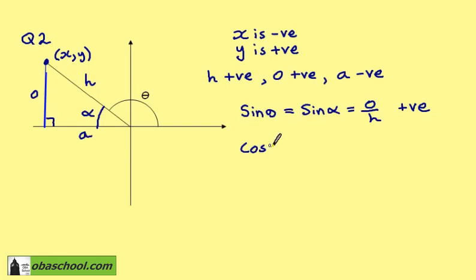The cosine of theta is again defined to be the cosine of the associated acute angle. The cosine is the adjacent over the hypotenuse, and A is negative and H positive, and so the ratio is negative.